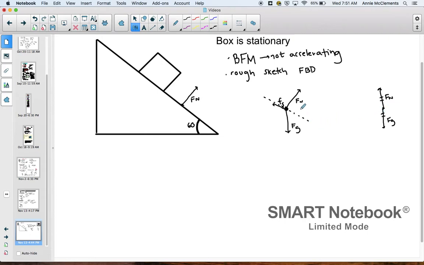We can't say that here, right? We can't say that Fn equals Fg, because this Fn is pointed not directly canceling the Fg, right? So we've got to do a little bit of legwork to figure out the equivalent values here. And the first really important thing is to determine the angles that are happening in here, right? And I like to think of the easiest way to do this is to do a little geometry here, right?